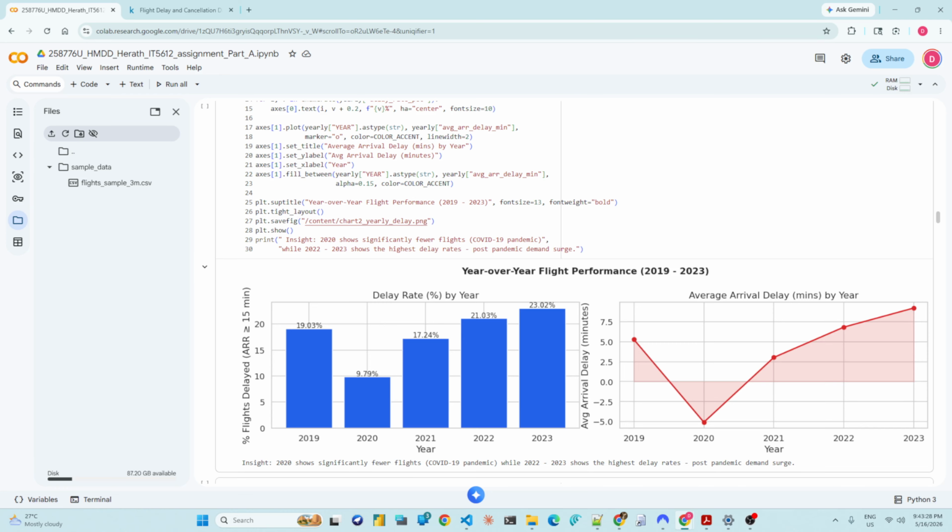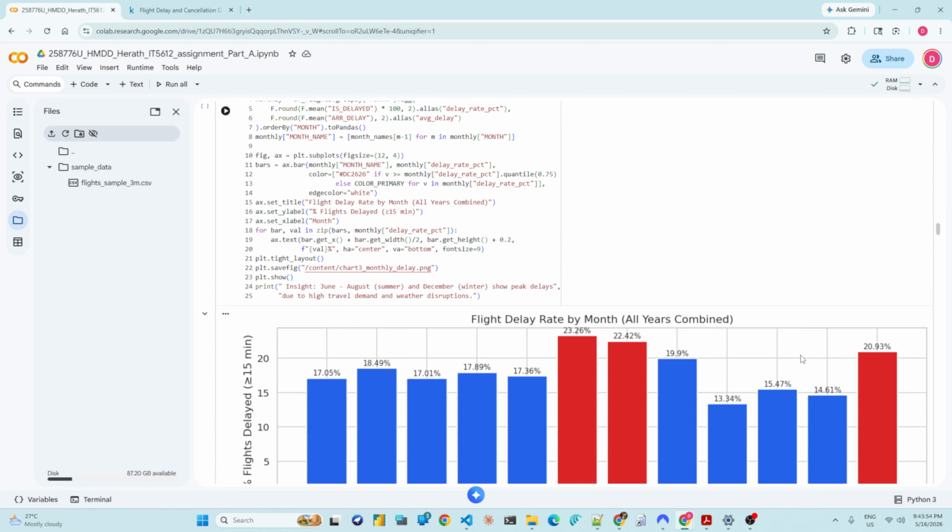The key observation here is that 2020 had significantly fewer flights due to COVID-19, and 2022 and 2023 show the highest delay rates, likely driven by the post-pandemic demand surge. After COVID-19, there was a surge of travel.